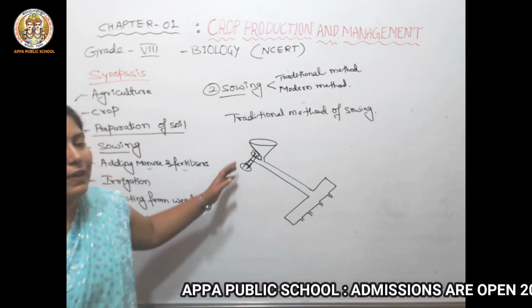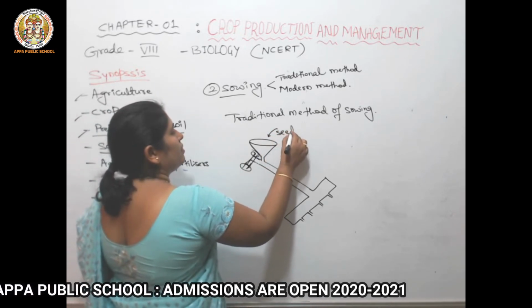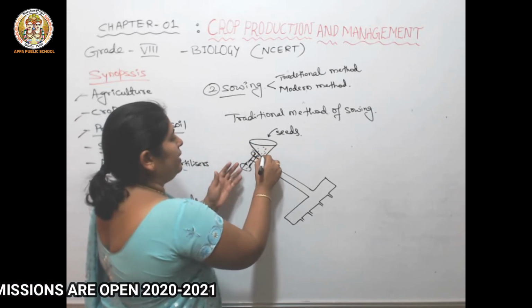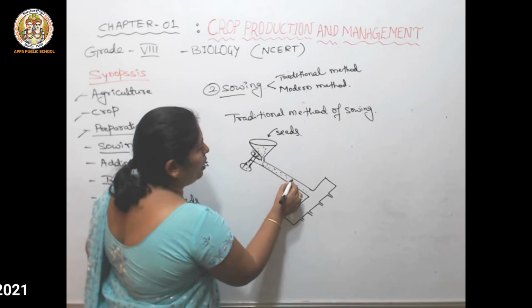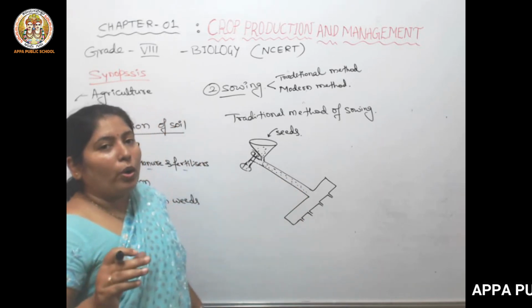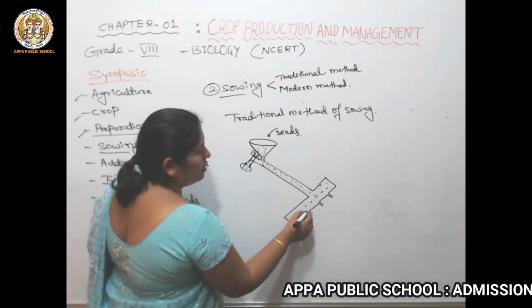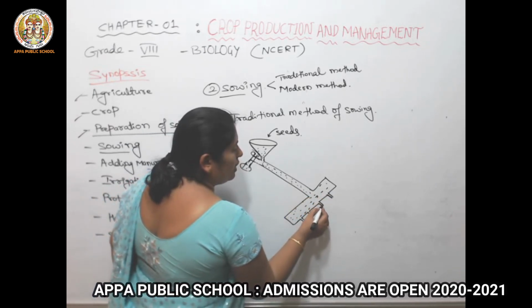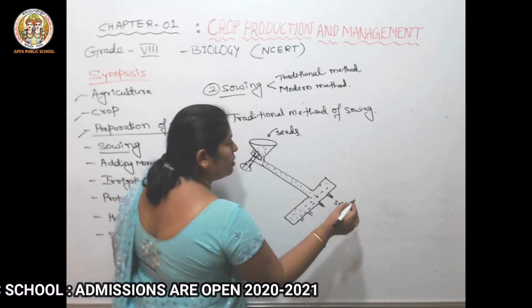Right. So in this funnel-like structure we are going to add the seeds. So these seeds are going to come to this particular part because this wooden log is completely hollow inside. They are going to be collected over here at the base, and through this pointed structure the seeds are going to be released to the soil.